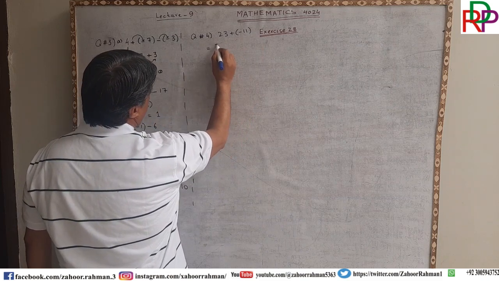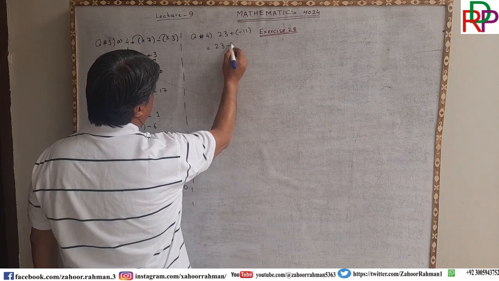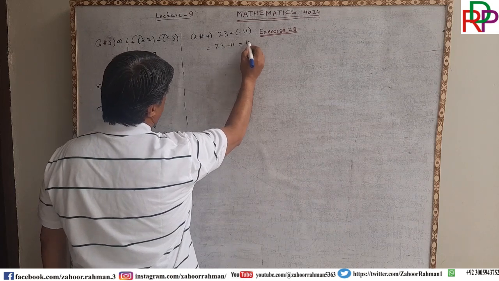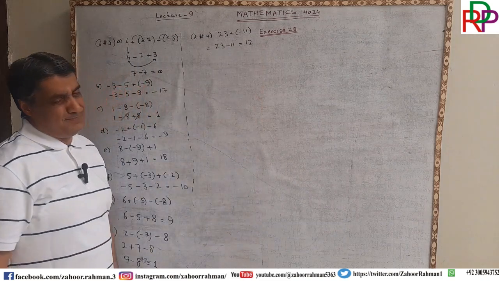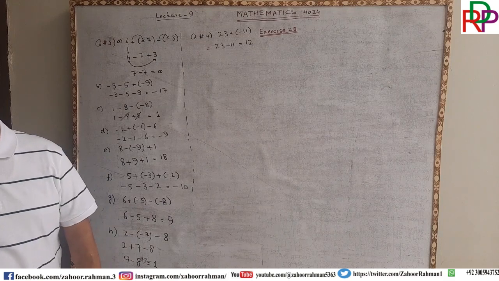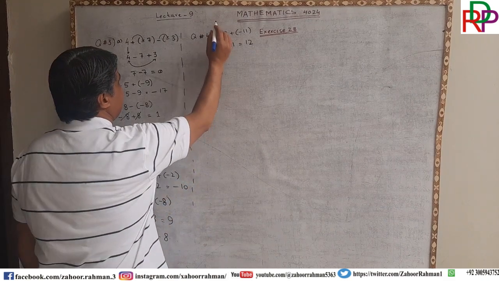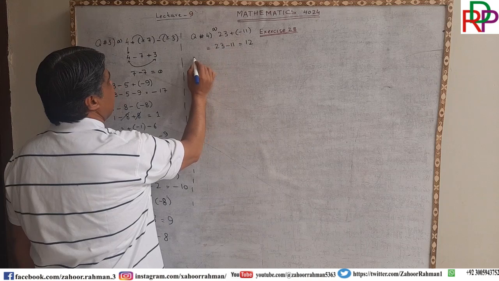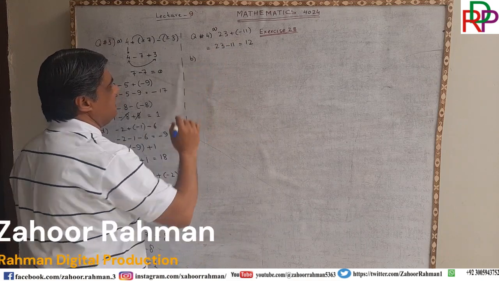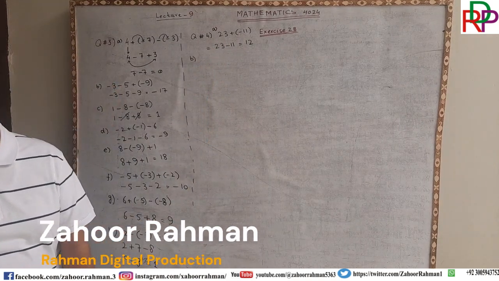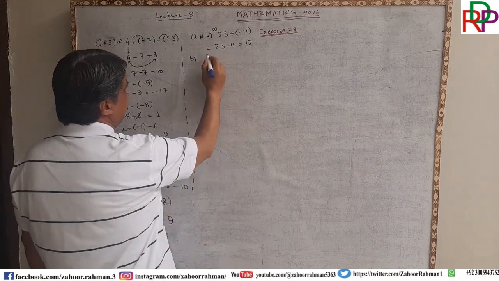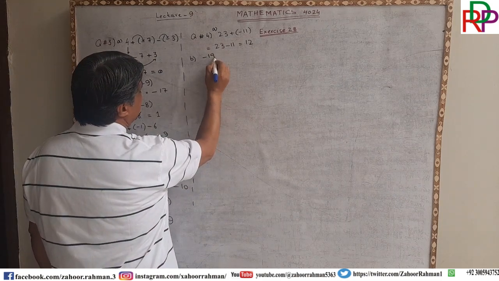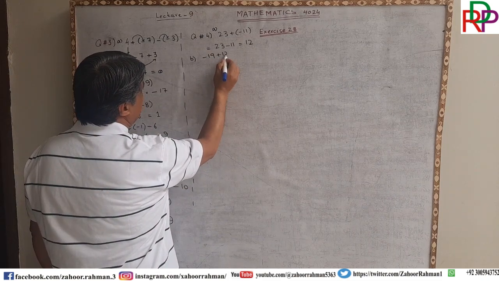So this is equal to 23 minus 11, which is equal to 12. Similarly, that was A part, and now we are turning our focus to B part, and B part is saying minus 19 plus 12.